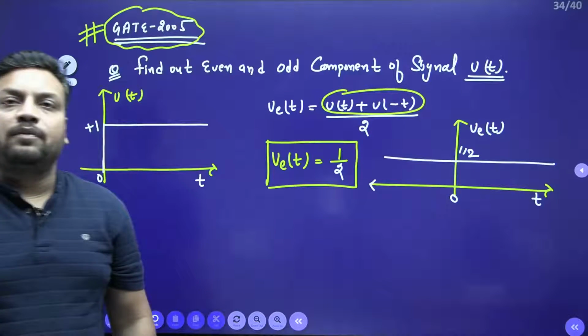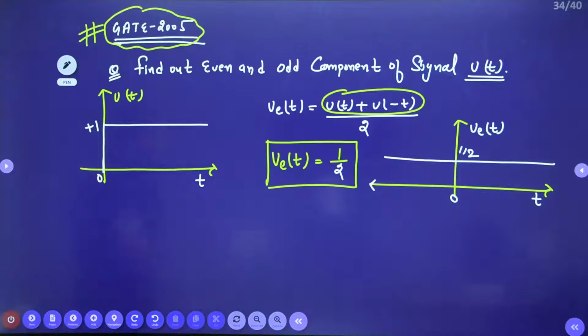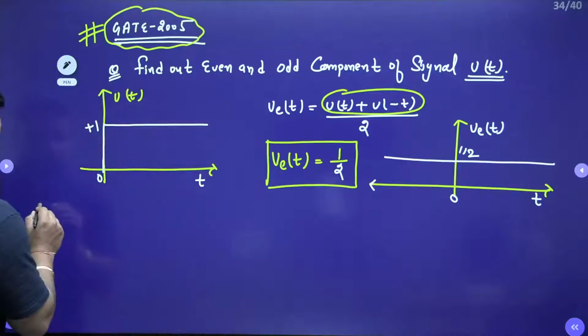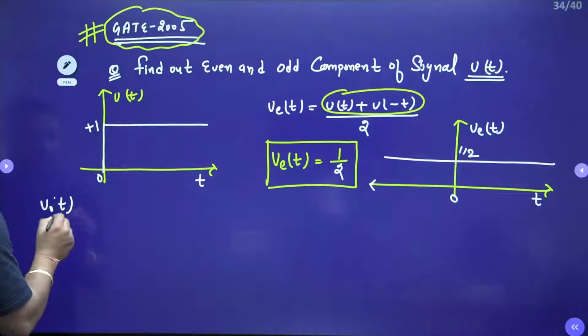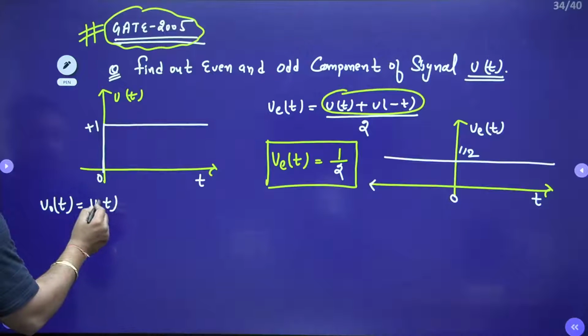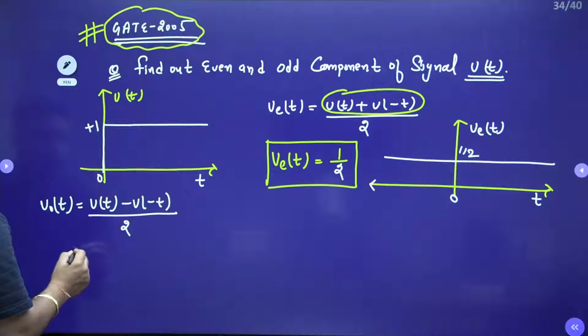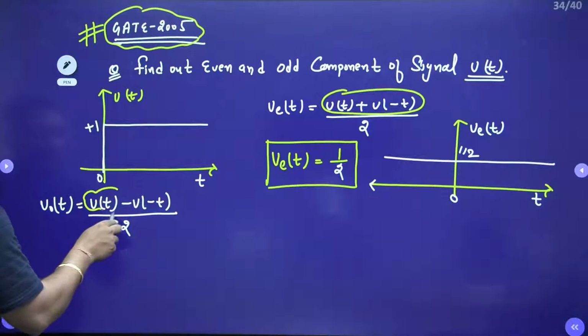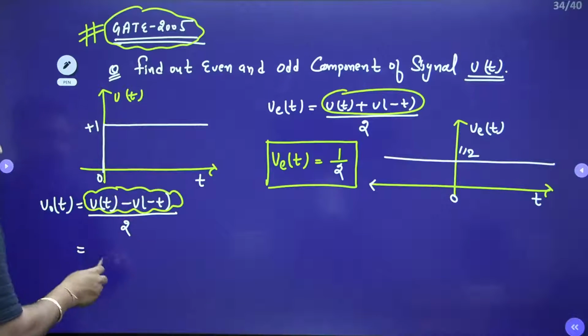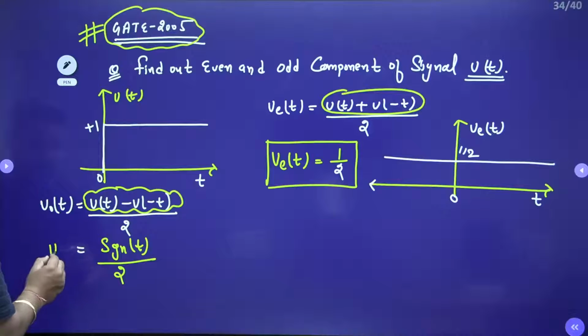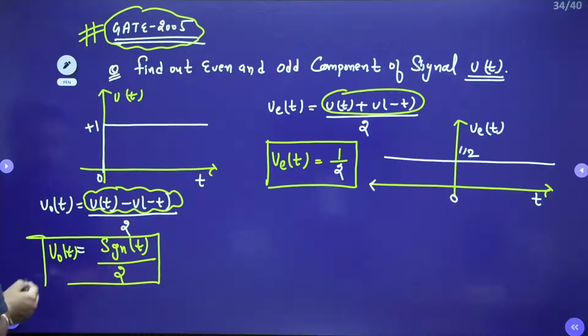So I hope the even component of u(t) is clear to you. Now if I am looking for the odd component, the formula itself says that the odd component of t is nothing but u(t) minus u(minus t) upon 2. And we know that u(t) minus u(minus t) is also a property, and that is nothing but the signum signal. So signum signal upon 2 only, meaning that its amplitude is scaled by half.